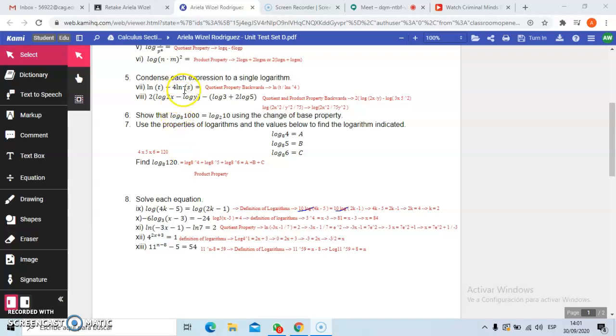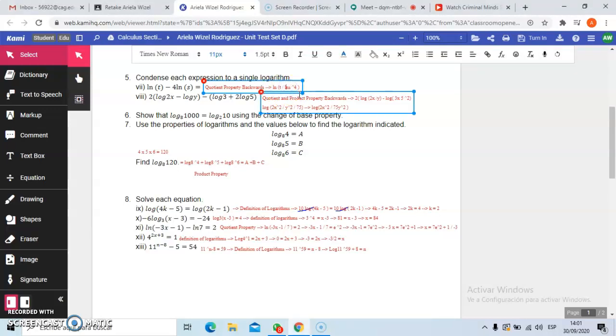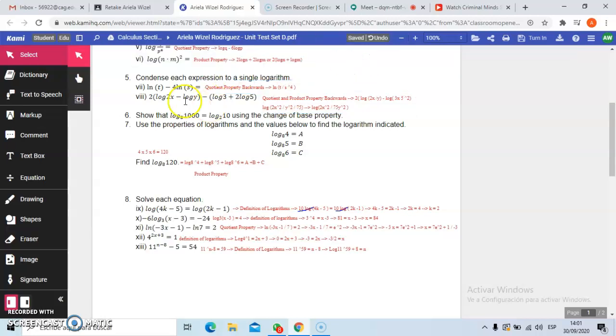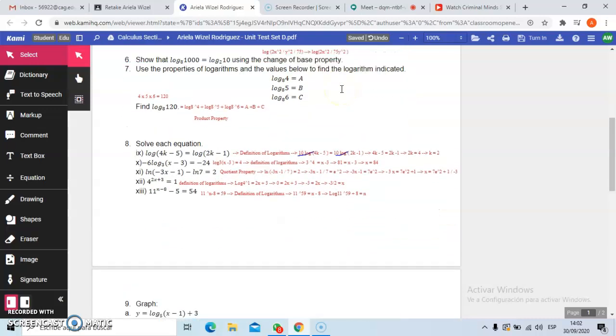And since both have a natural logarithm, I put natural logarithm and then I open the parentheses and put t divided by s, but since there is a 4 in front of this expression, it will become an exponent, so I'm left with natural logarithm of t divided by s to the 4th power.